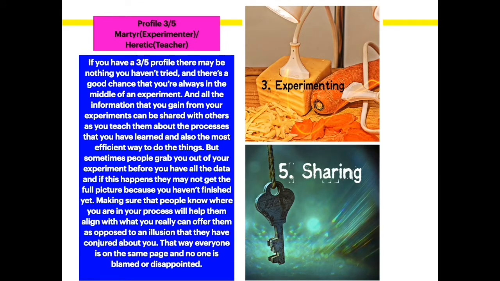So the thing about the third line energy is knowing that these experiments are extremely valuable. If you can't go out and start sharing right away, it's okay. Continue to do your experiments, because the information that you're learning is extremely valuable for the rest of the world.